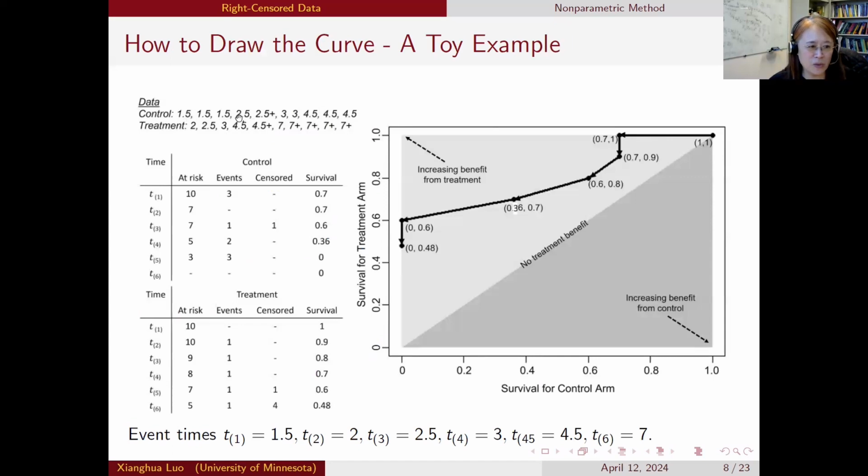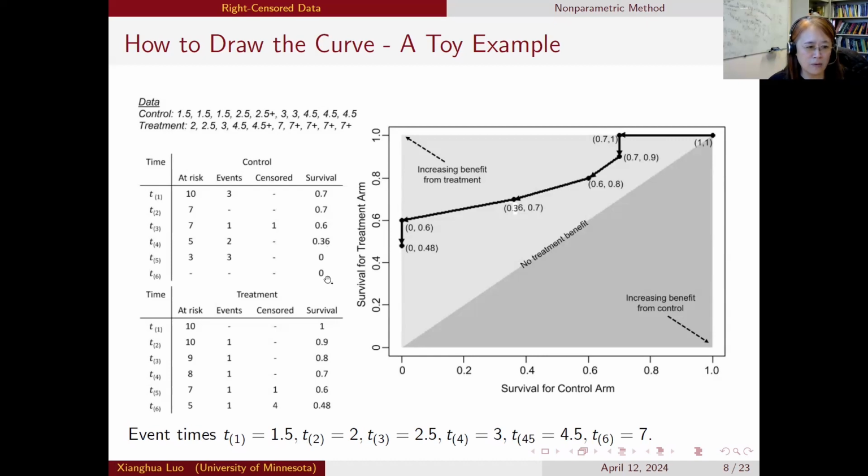If you sort the unique survival times, not censoring times, just survival times, T sub (1) is just the smallest, right? That's time 1.5, and then keep looking. The next one is 2 in the treatment group, right? The 1.5s are all in the control group, and then 2 in the treatment group, and so on and so forth. The last death time is 7 in the treatment group.